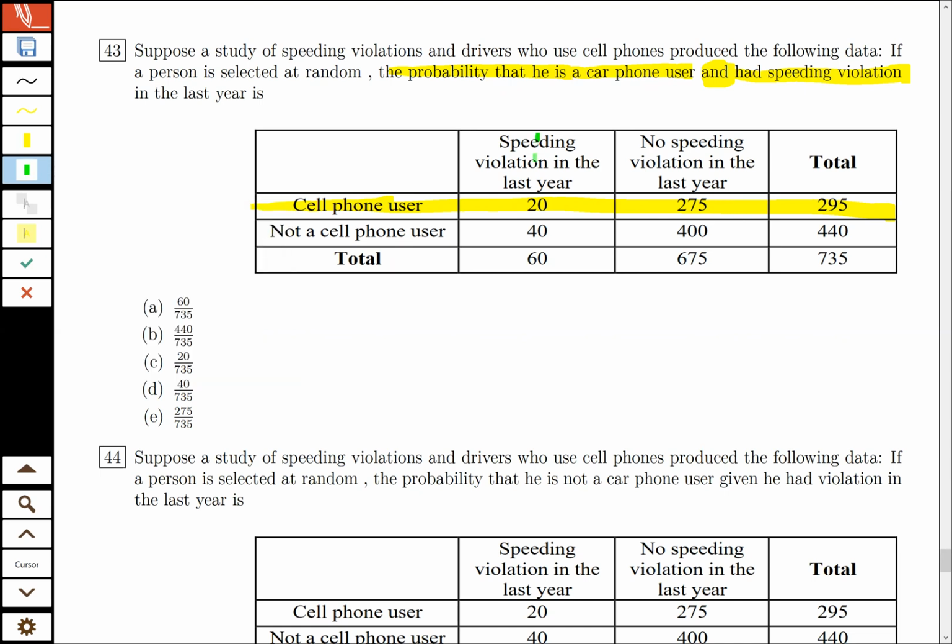And the speed violation. So where is the common between them? That's the one. So it will be the probability of having, let me call this one A, and that's B. So probability of A and B is equal to 20 over 735.